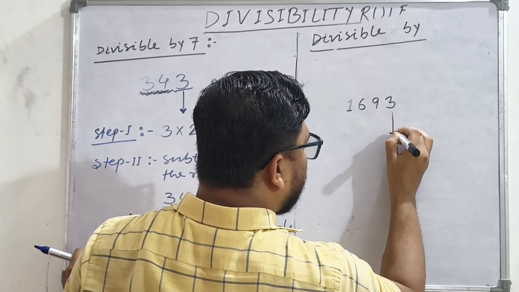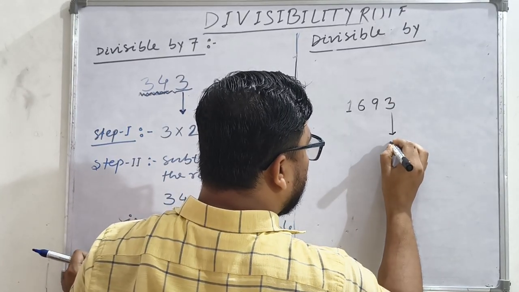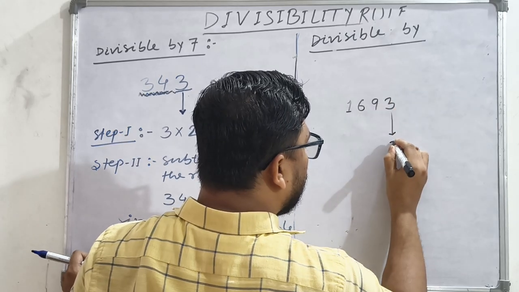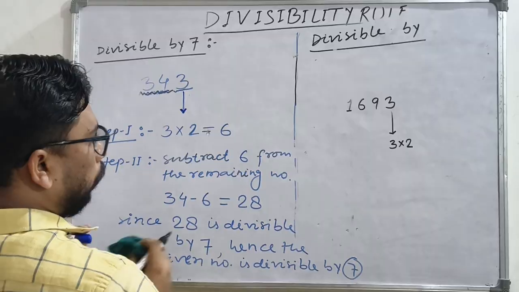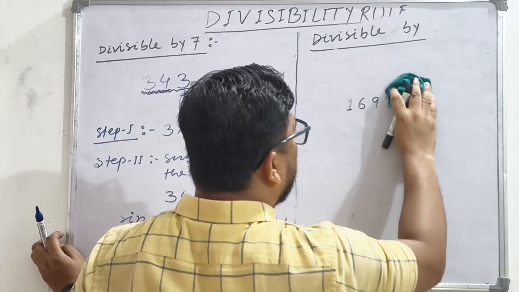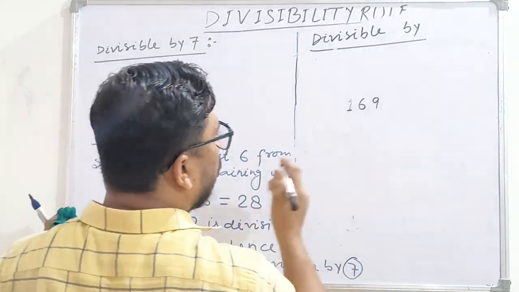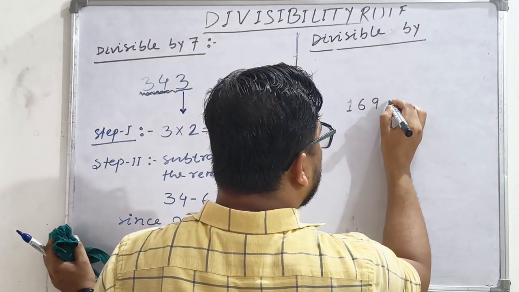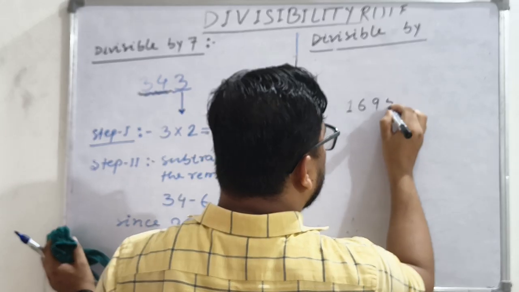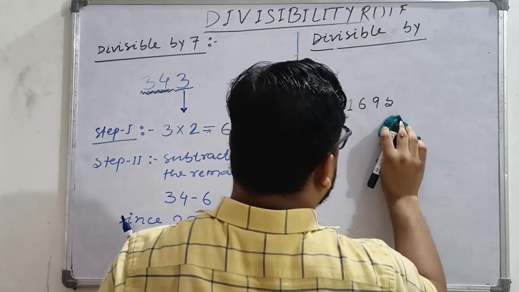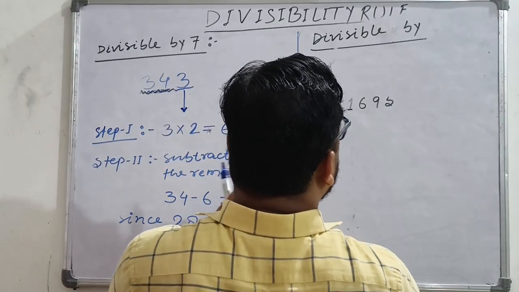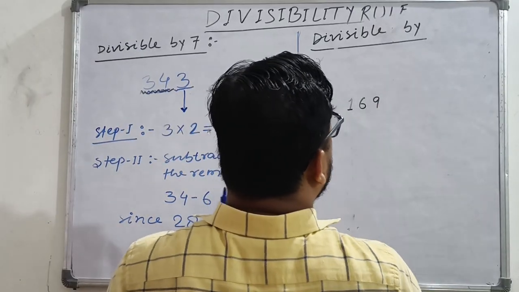What will be the first step? Just double the unit digit. So double of 3 is 3 into 2.